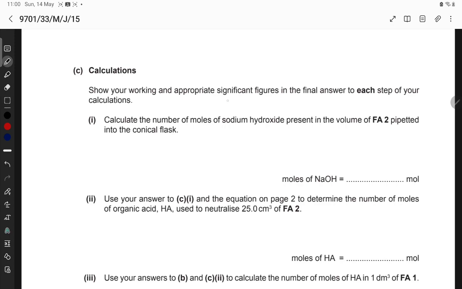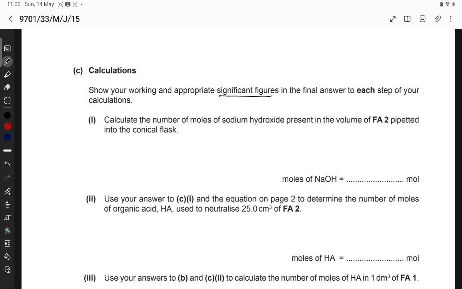which show your working in appropriate significant figures. Significant figures are very important in chemistry practice, always going to be 3 or 4. You can choose 3 or 4 as long as these are your correct number of significant figures.